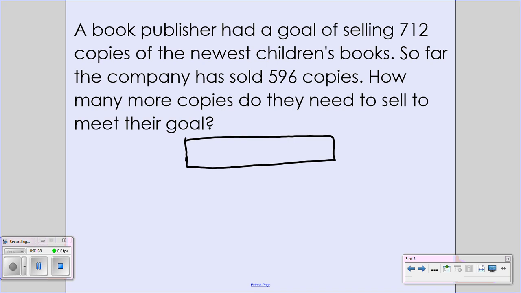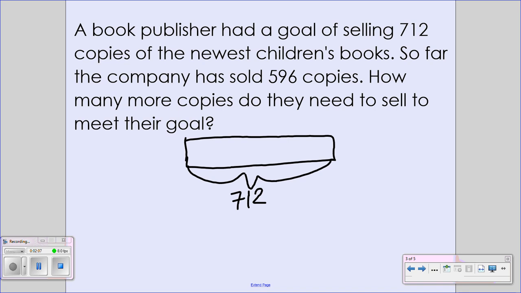What is our goal for selling children's books? How many do we want to sell? McKenna? 712. Yeah, so my whole bar is worth 712.